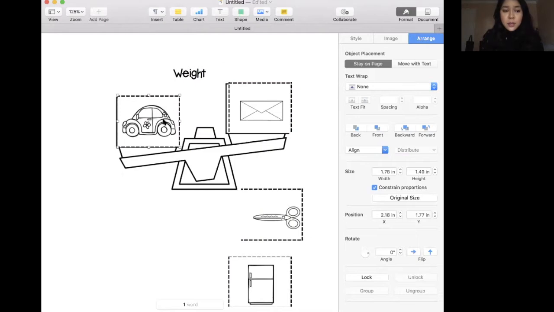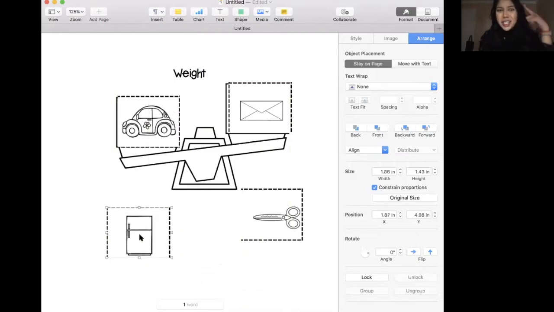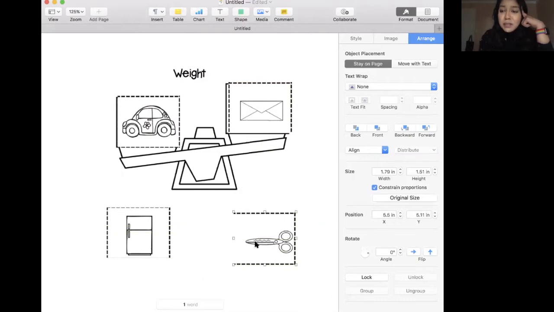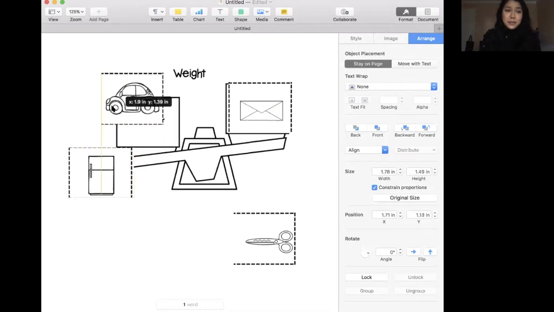Now, what about a fridge and a pair of scissors? Could I lift up a fridge easily? No. So that must be heavier.